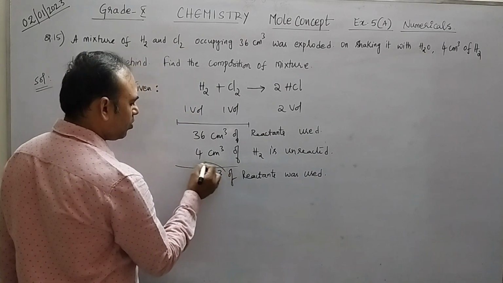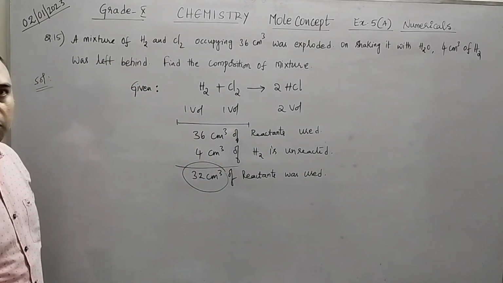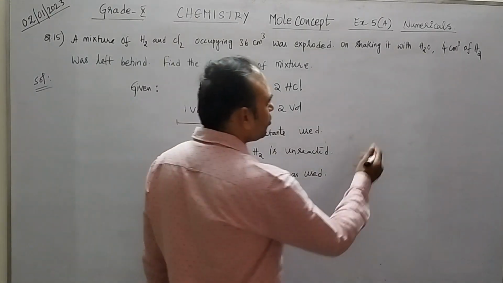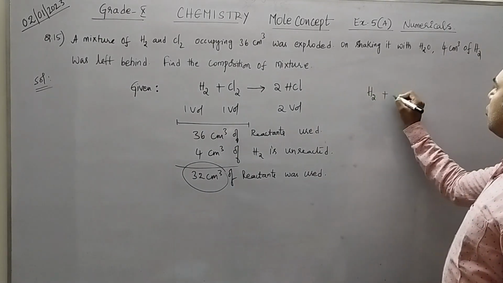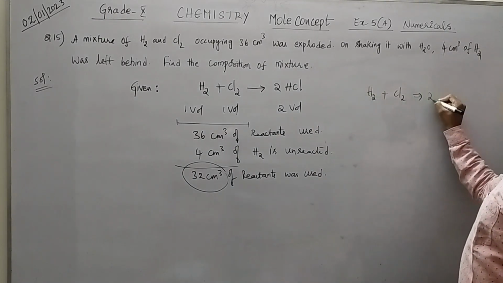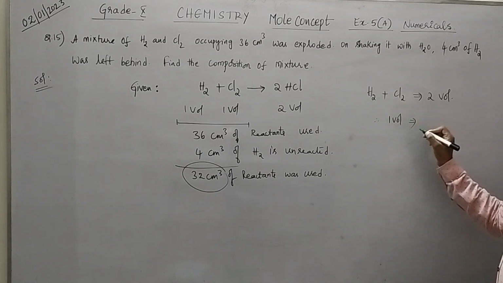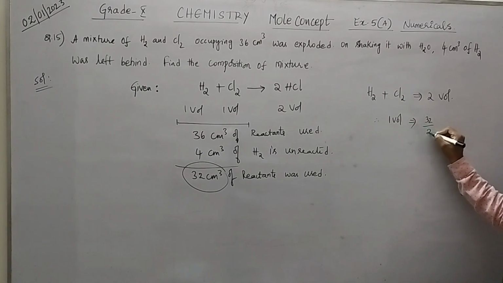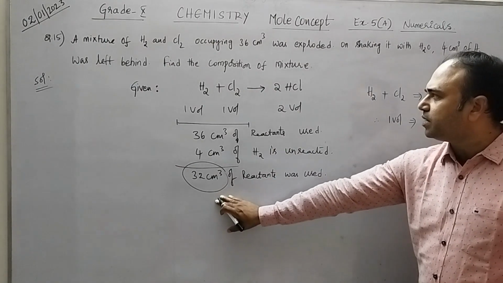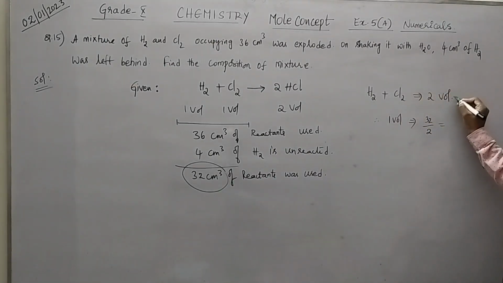So we have 32 centimeter cube in total. Now very easy to find out. H2 plus Cl2 is nothing but 2 volumes. Therefore 1 volume can be calculated as 32 by 2, because 32 centimeter cube is 2 volumes. So 1 volume is nothing but 16 centimeter cube.